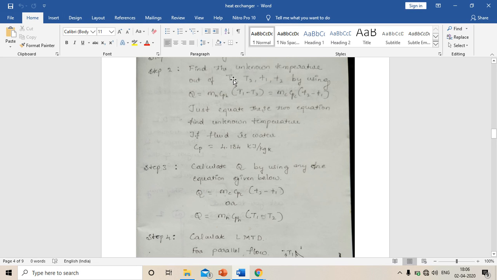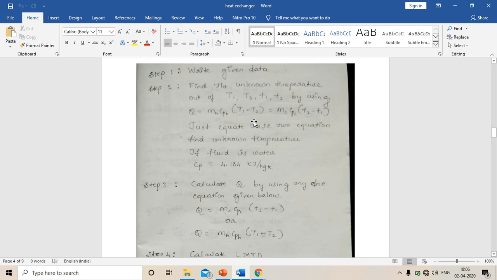So here in this LMTD problem, he will give you any three temperatures. For example, hot fluid entry, hot fluid exit, or cold fluid entry will be given, so the cold fluid exit temperature you need to find. It's just an example. Any temperatures he may give, but three temperatures will be given.